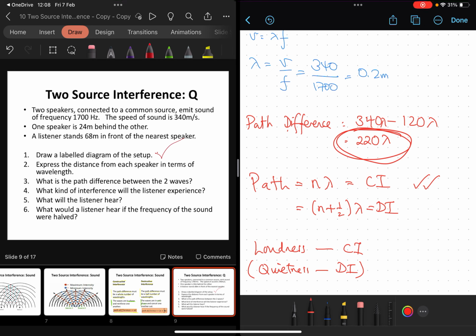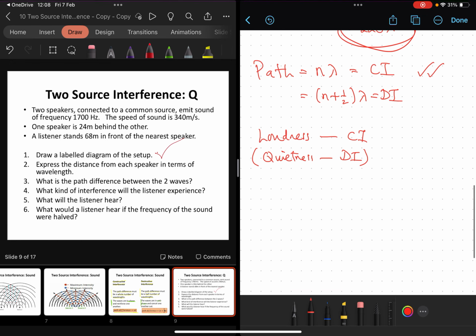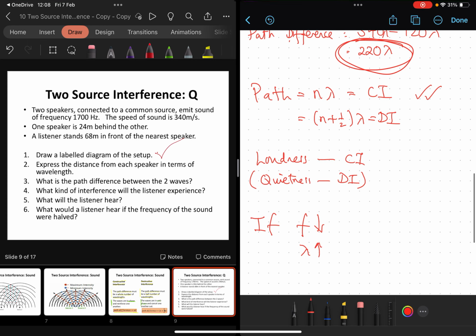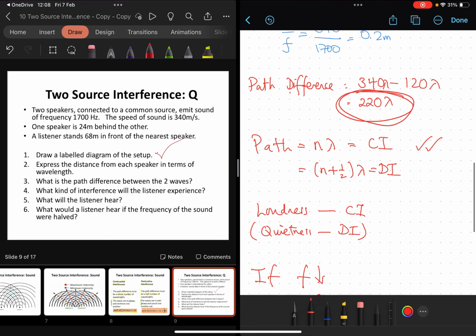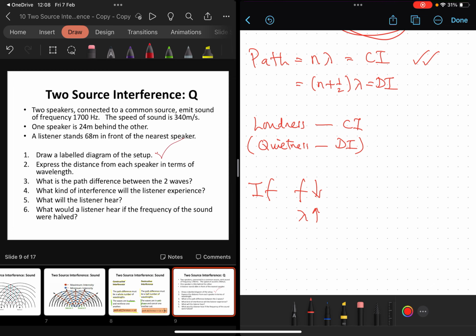Final question. What would a listener hear if the frequency were halved? Okay, if the frequency is halved, then the wavelength is doubled. But we would still have a whole number of wavelengths different between each path. And if you don't believe me, you can work this out.